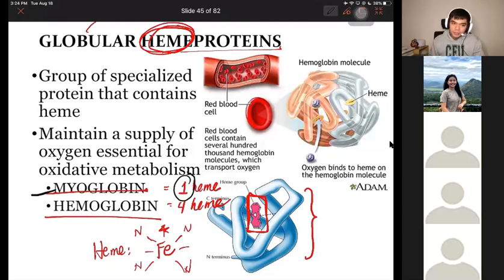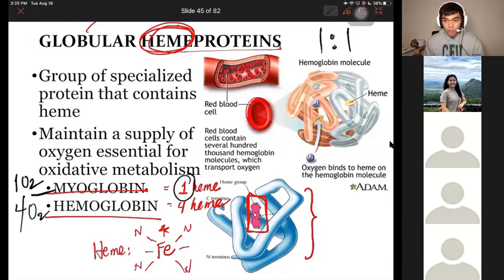Yes, isang oxygen lang. And then, ang hemoglobin, ilang heme meron siya? Apat. So kada pirasong hemoglobin, apat na oxygen molecules ang didikit kasi ang ratio dyan, 1 heme is to 1 oxygen. Naintindihan ang ratio?